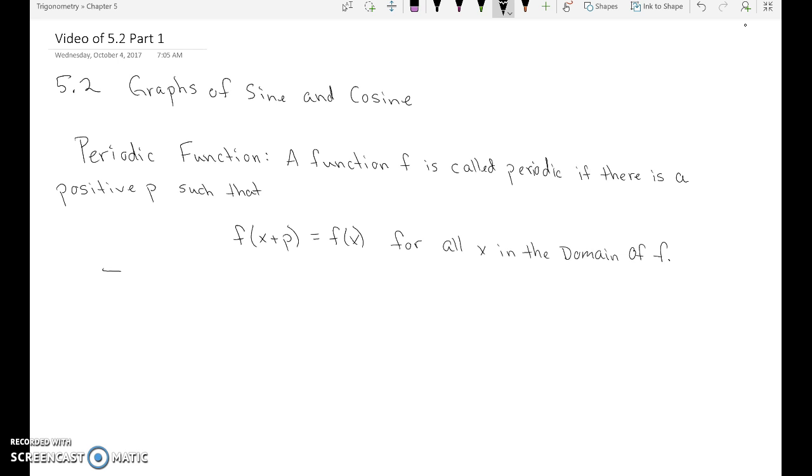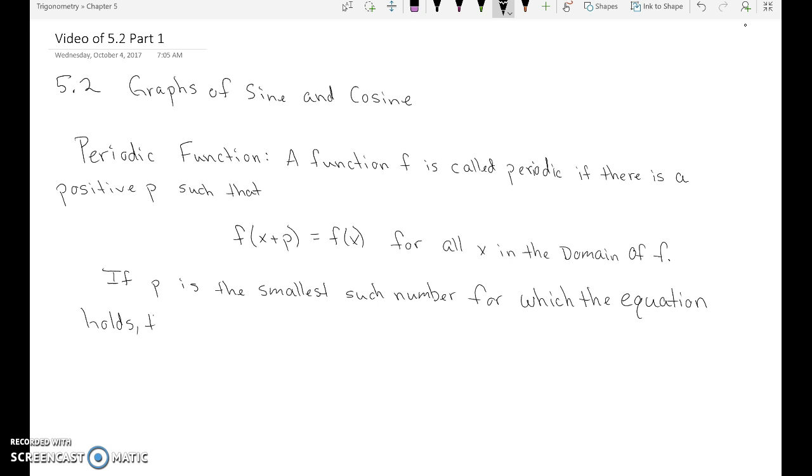So there's another added on part, and it is that if p is the smallest such number for which the equation holds, this equation that's right up here, then p is called the fundamental period.